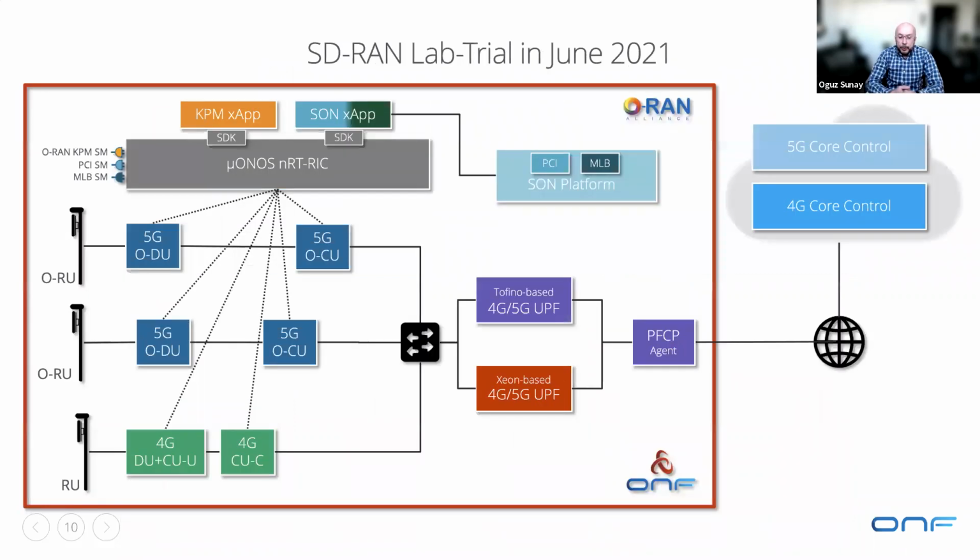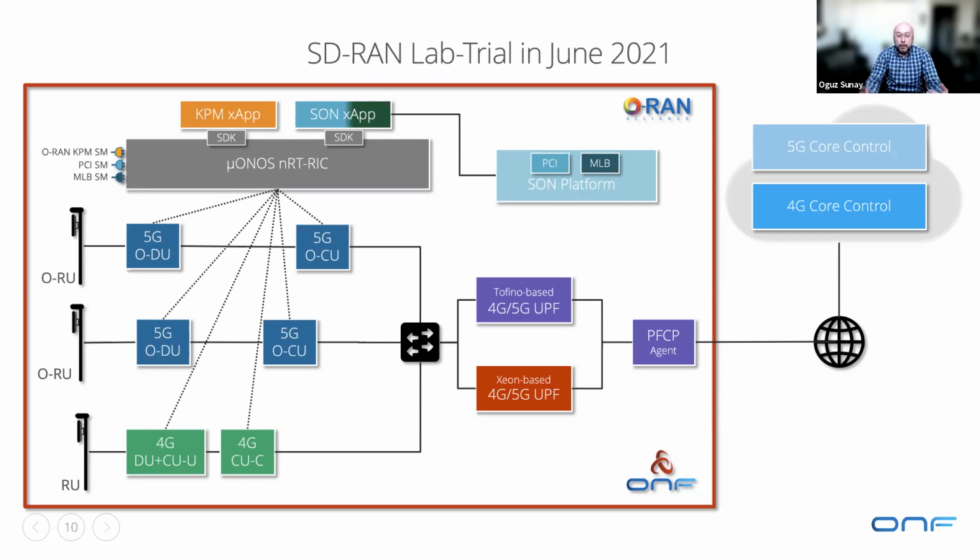So I want to end my talk with some exciting news. We will be trialing a top-to-bottom, end-to-end SD-RAN-based ORAN architecture with multiple RAN and xApp vendors and a tier 1 operator in the June timeframe. This trial will have all of the ORAN interfaces operational, from front haul to F1 to E2.